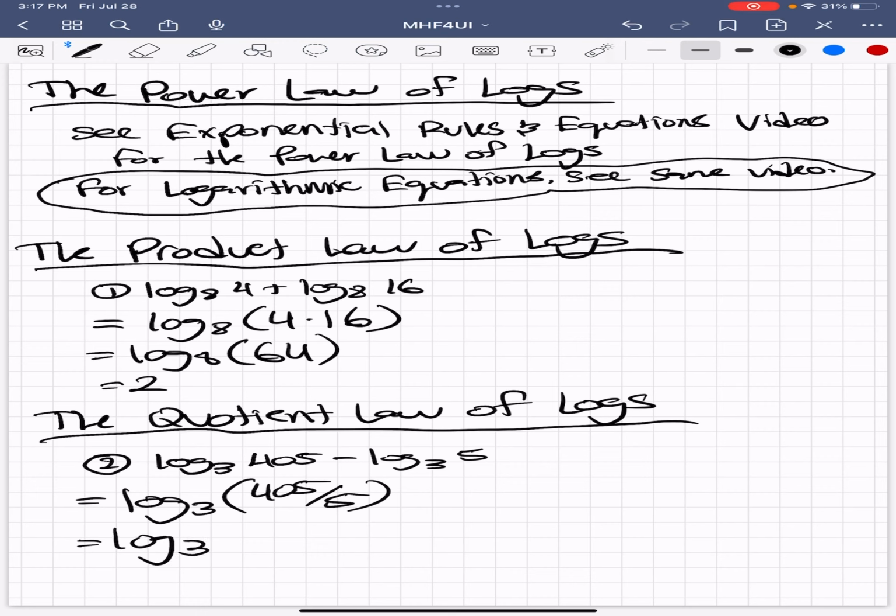Our answer is 81. So 3 to what power equals 81? To what exponent does 3 need to have to equal 81? And our answer is 4. Let's circle our answers. And that's how you use the product law of logs and the quotient law of logs.